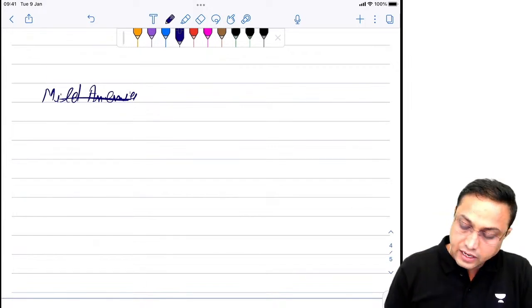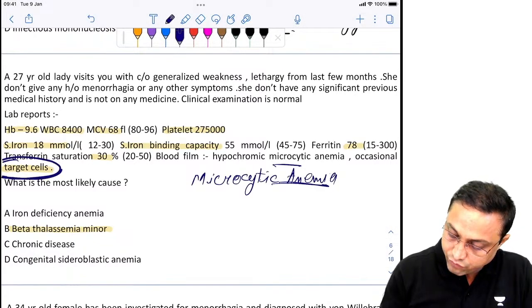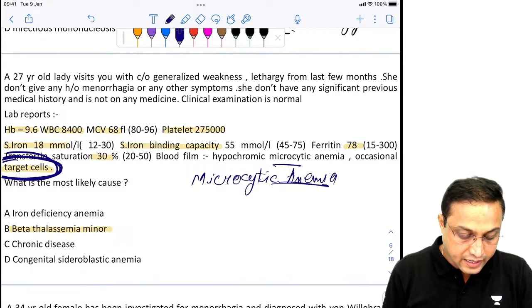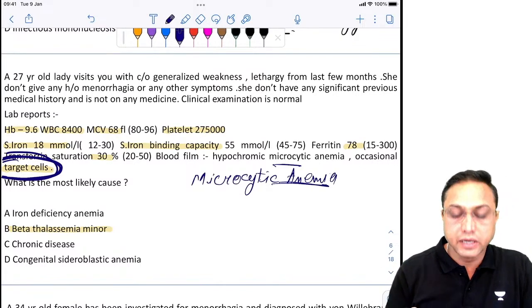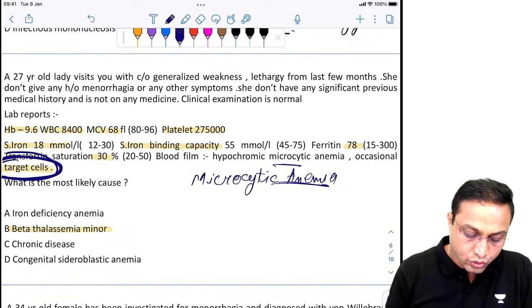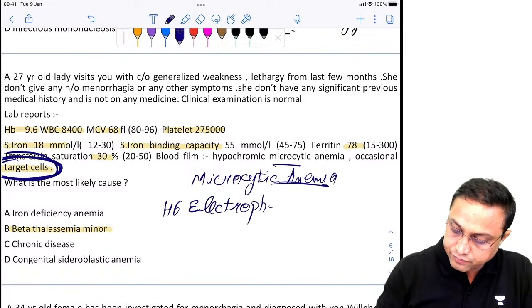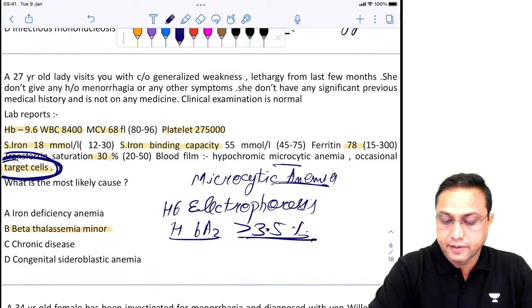And why I am choosing this answer is that in the blood film you may find target cells over here, but to confirm the diagnosis of beta thalassemia minor, you have to go for hemoglobin electrophoresis, and you have to check for HbA2, which is going to be more than 3.5%, right?